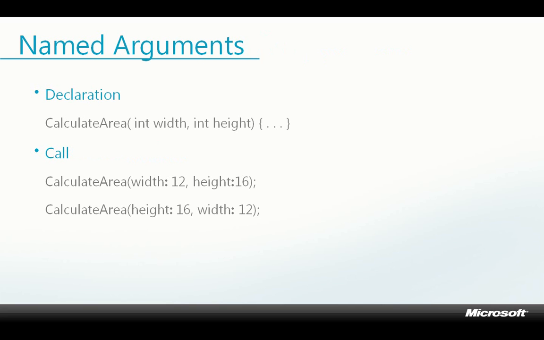Named arguments can make it easier to call a method because if you don't remember the order of its parameters, but you do know their names, then you can just use the names and then the order doesn't matter. Here's the syntax. You provide the parameter name followed by a colon, followed by the value, and you comma separate your arguments as usual. Obviously, as you can see right here, this can also make it easier to read your code.